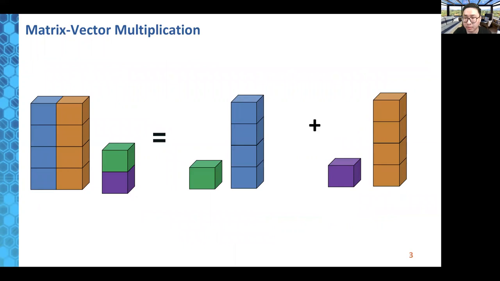Everyone knows the natural generalization of a matrix times a vector or matrix times a matrix. Here is an example of a matrix times a vector. It's very easy to extend the notion from matrix product to tensor contraction.